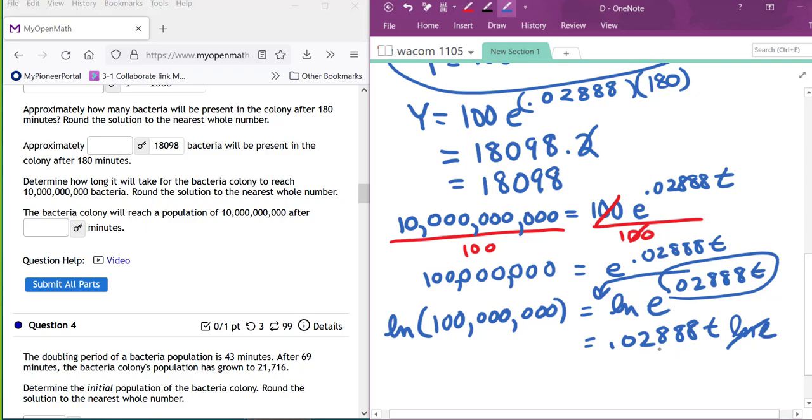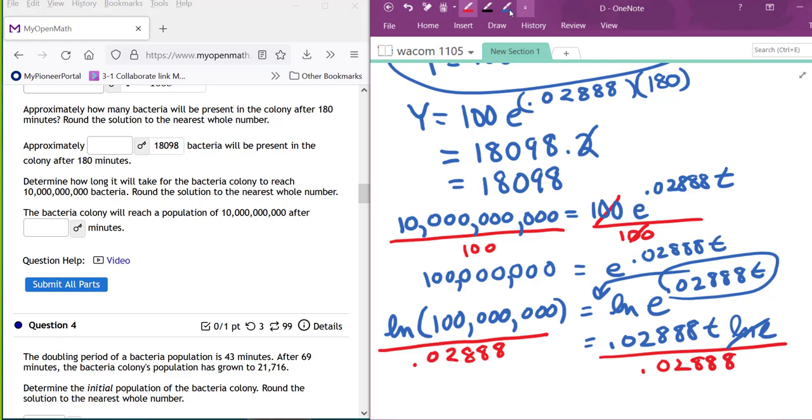And to go ahead and solve, we're going to divide by this piece. So I'm going to just take a shortcut and go ahead and do that division, by 0.02888. And that will give me t.